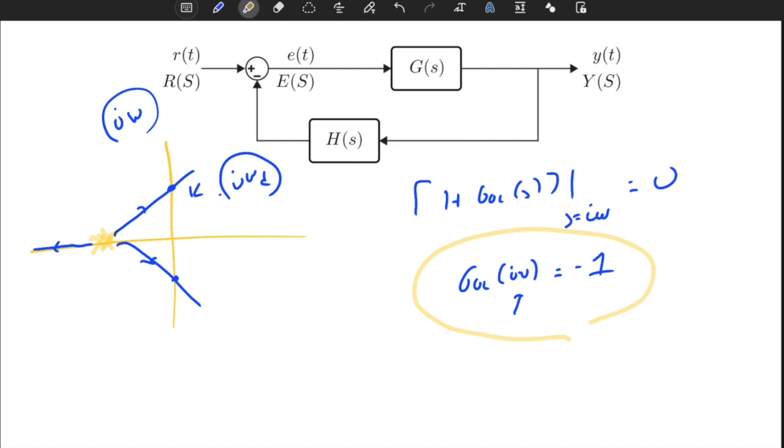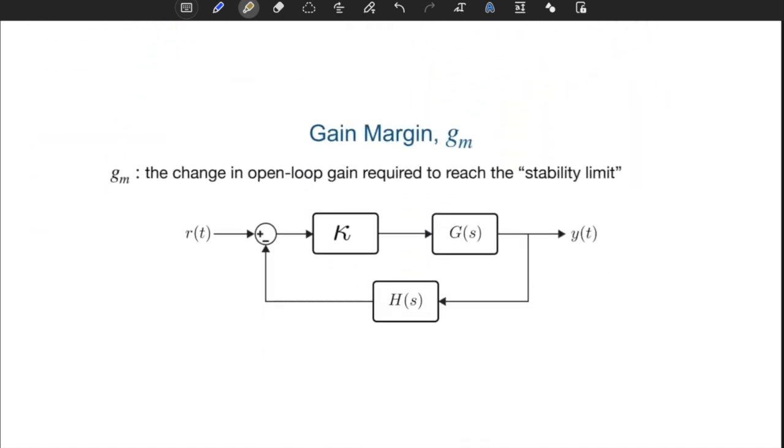By looking at the distance of G(j omega) to -1, which is a complex variable, we can talk about its phase and magnitude. We will quantify the gain and phase margin, and it will tell you how stable or unstable the system is. So what is gain margin?